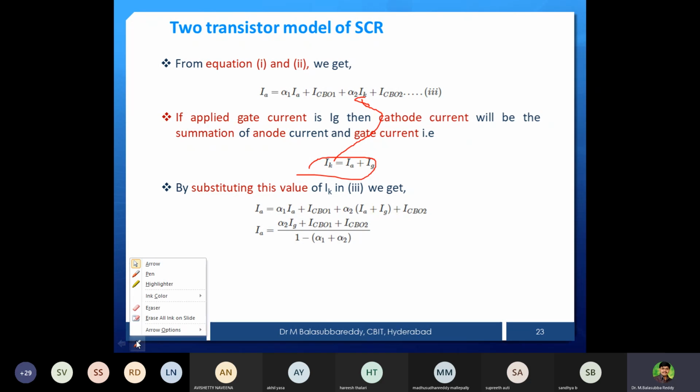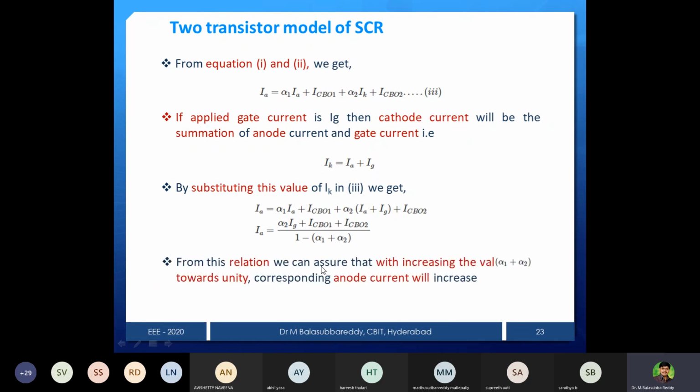The final expression for IA is alpha 2 IG plus leakage currents, divided by 1 minus alpha 1 plus alpha 2. But the leakage currents are negligible, so it is alpha 2 IG divided by 1 minus this. Then what about this anode current? Anode current must reach the latching current, and only then will the device trigger. So how is the anode current going to increase?